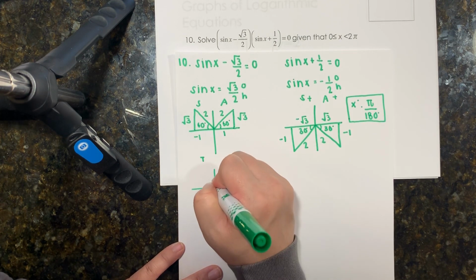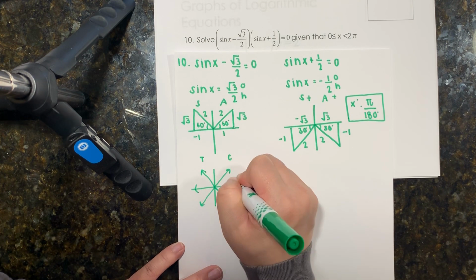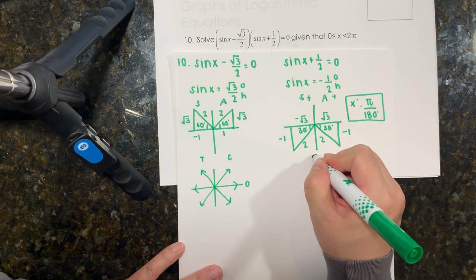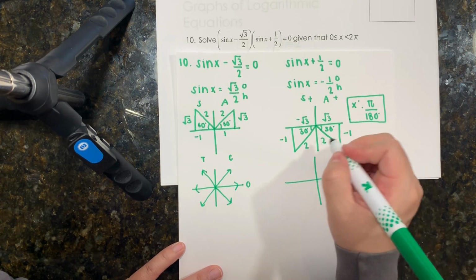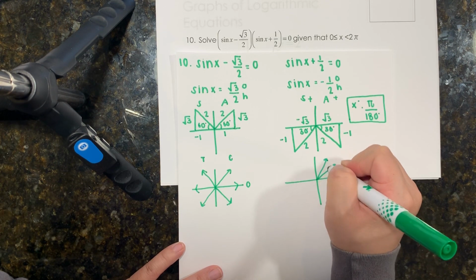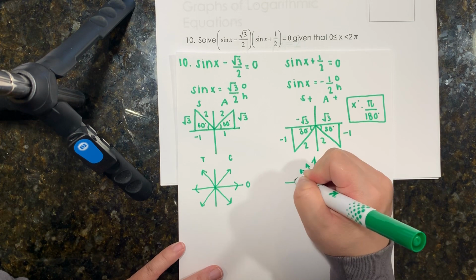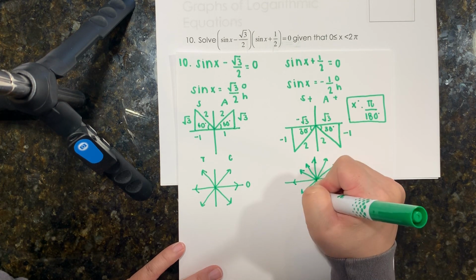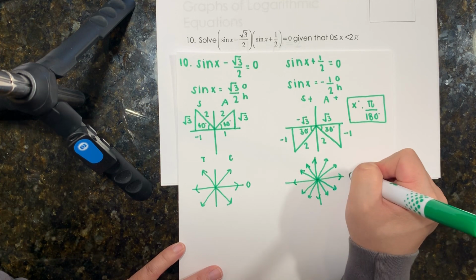So I'll go 1, 2, 3, 1, 2, and 3. And I know I can fit 6 30-degree angles between 0 and 180. So 1, 2, 3, 4, 5, 6, 7, and then altogether there should be 12.